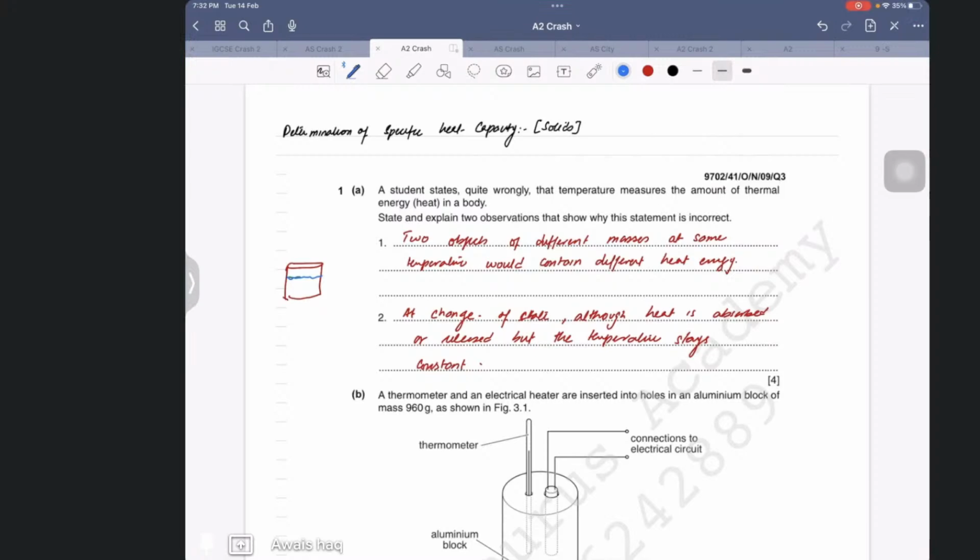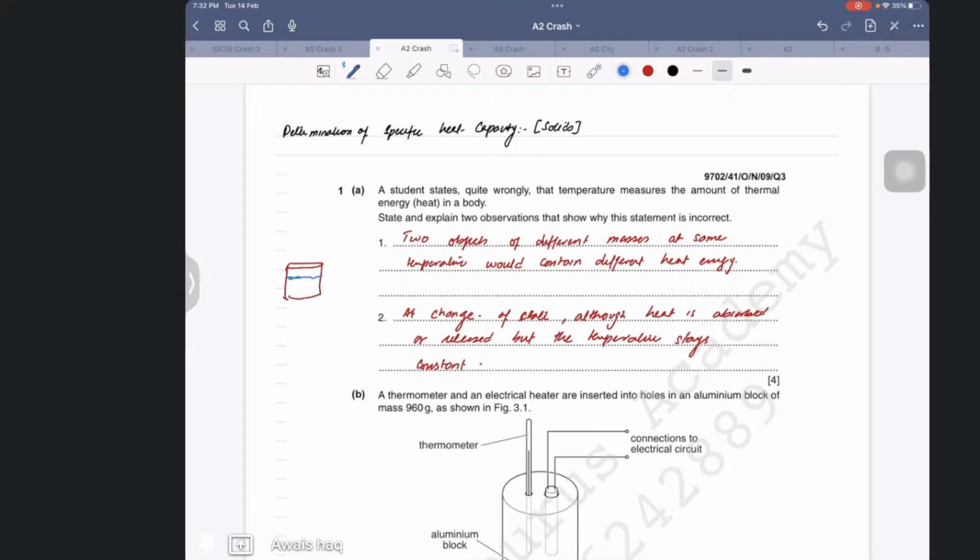Because it has lower specific heat capacity. So it means that if they have the same temperature at the end, the metal would require less heat energy to raise the same amount of temperature as water. Do you agree?